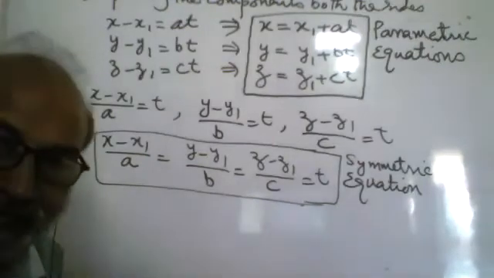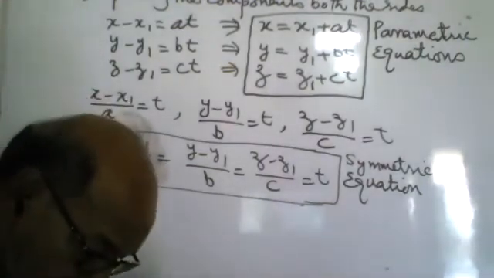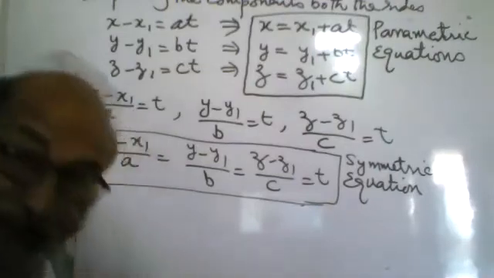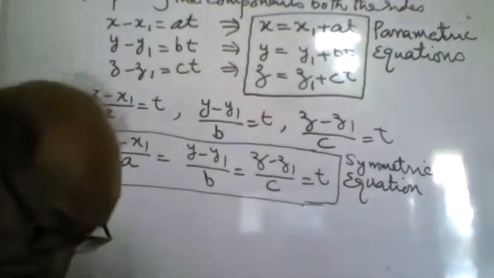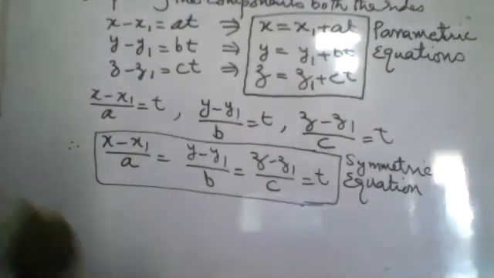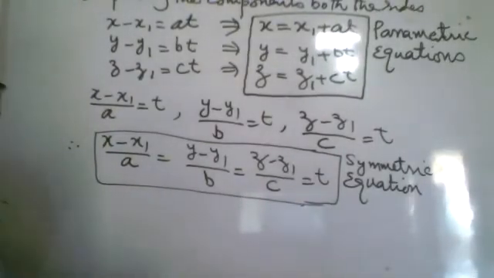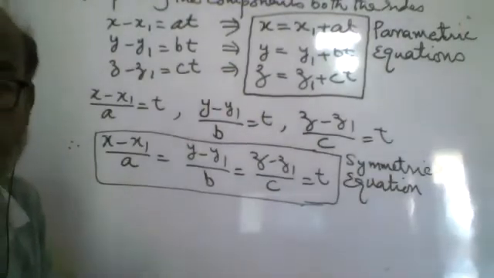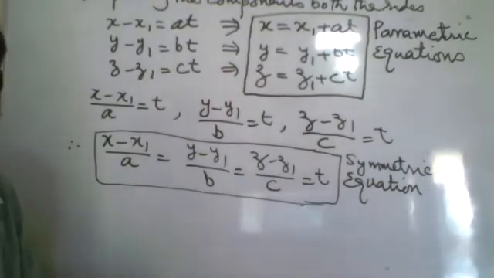Parallel to the vector i plus j plus k and passing through the point (3, minus 4, minus 1). So we'll find the parametric equation, it is asked. So we will find the parametric equation and then we will find the symmetric equation.